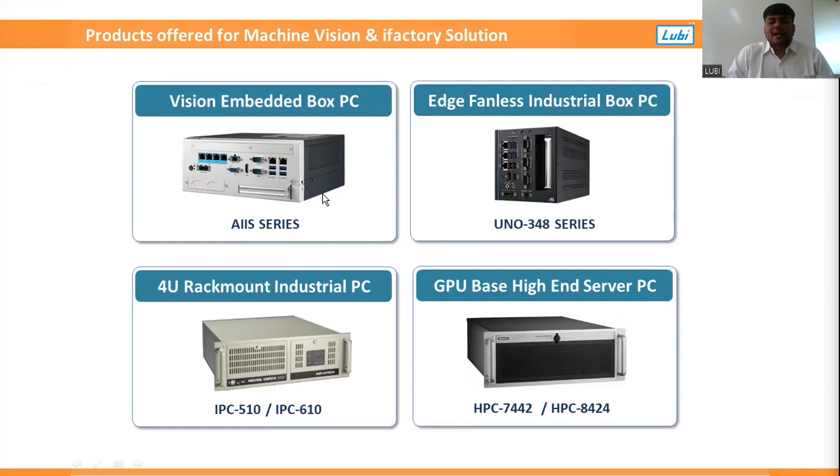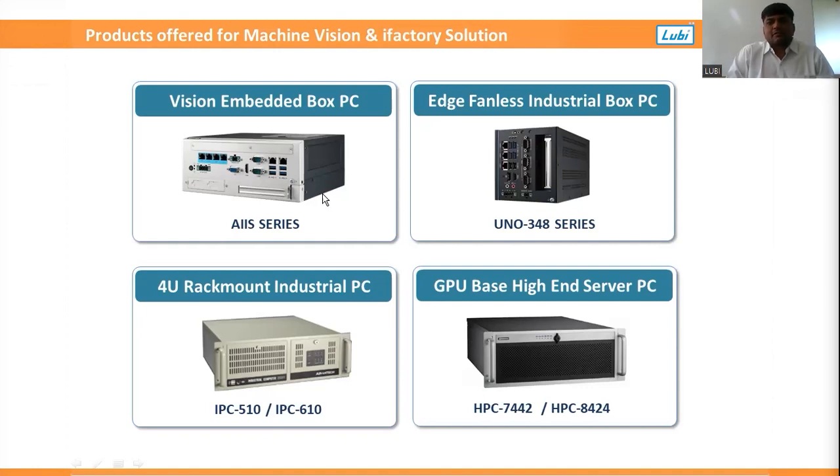Also, this PC has iBMC technology. That means if the PC is installed at one location and anything happens, such as an OS crash or software crash, then it can be remotely forced to shut down and restarted. So this is a higher end edge configured PC.